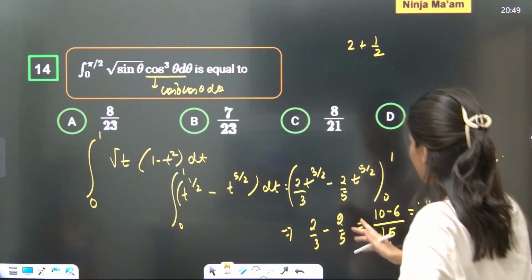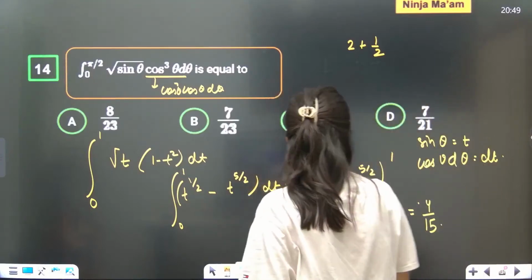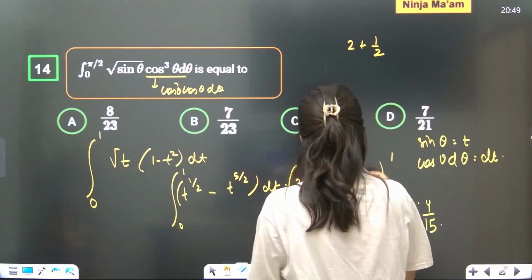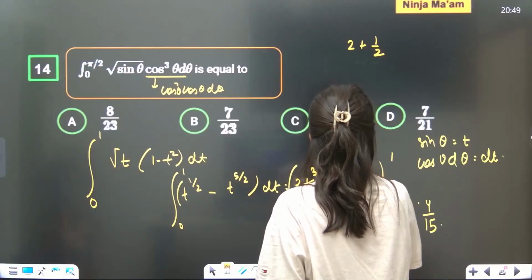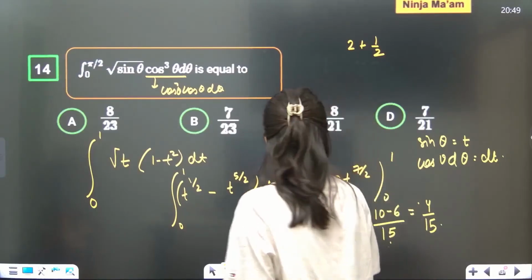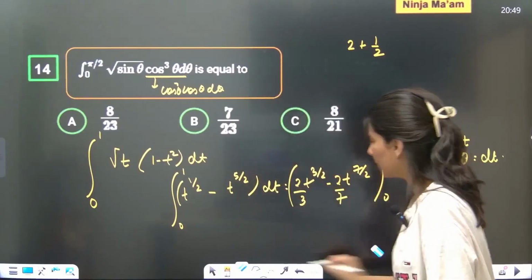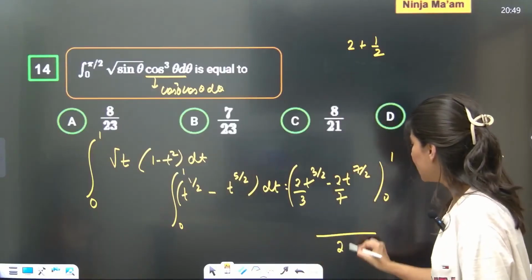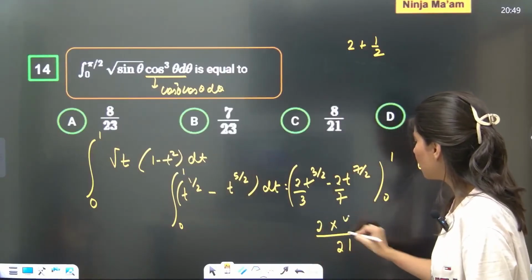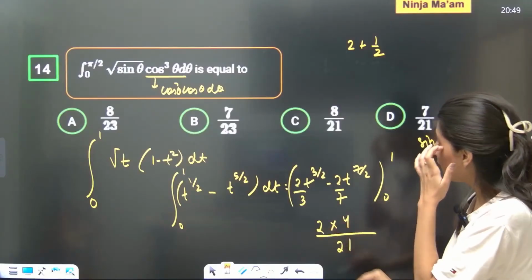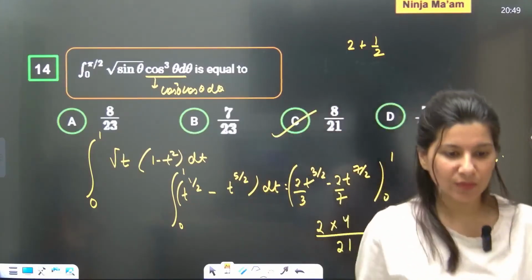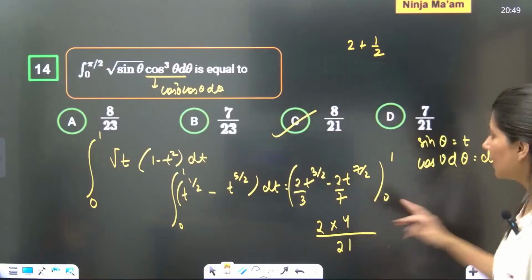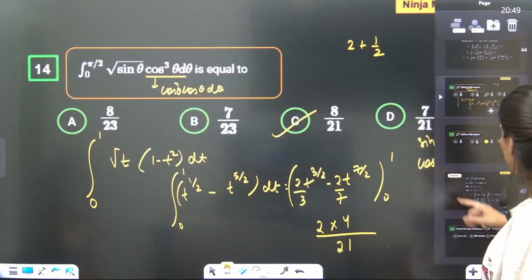Okay, this is 5 by 2, but we need to add 1 also, so this is now 7 by 2. Where is my brain? My brain is not braining. Now it's good. Now put the value. 7 3s are 21, 7 minus 3 is 4, so 4 2s are 8, 8 by 21. Option C, absolutely right.